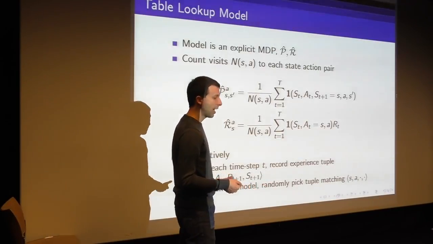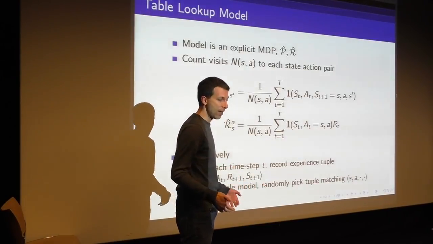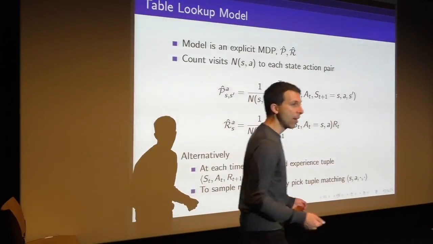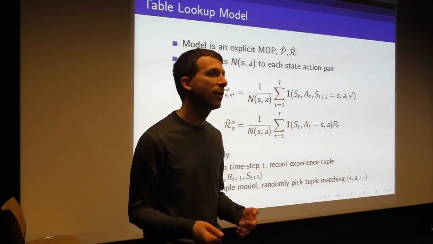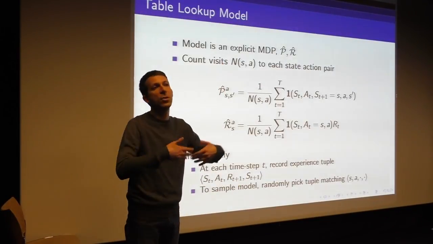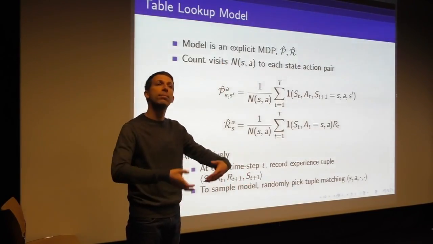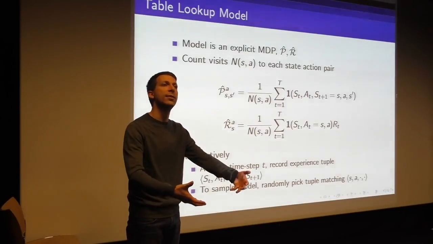I count how many times from here, maybe I ended up over here 10 times, and I ended up over here 5 times, and now I just use those empirical counts to give me a probability distribution over where I'll go next.